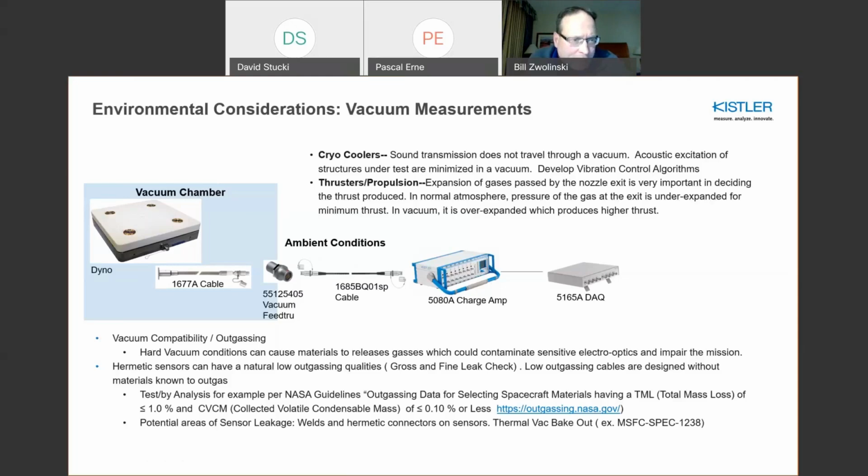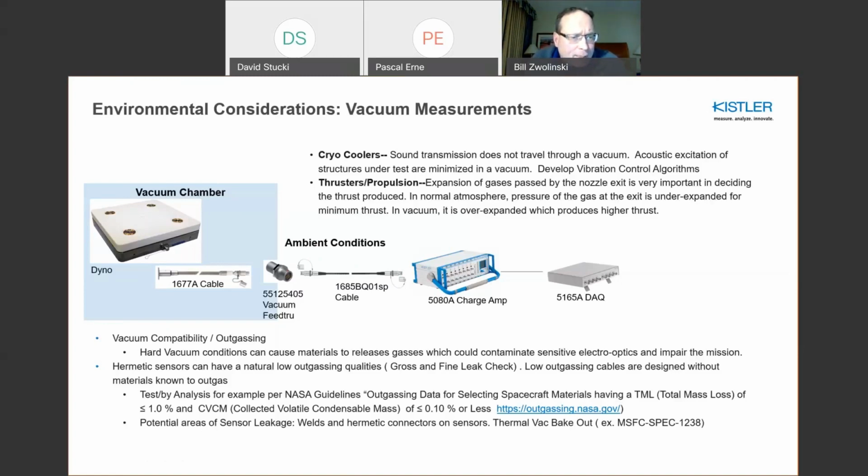This might be a standard practice at various companies that just want to eliminate any possibility of outgassing. So the bake out looks at elevated temperatures in a vacuum environment over some specific time interval, and then monitors that to ensure that you have a low outgassing result.